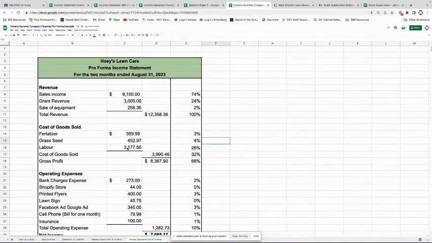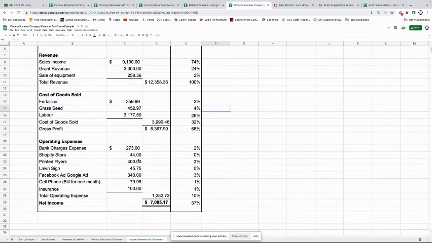My total COGS is 3,000. Total COGS is 32%. Most of that is labor. Got a 68% gross profit. That's great. And then we've got our operating expenses and a beautiful, beautiful profit margin of 57%.